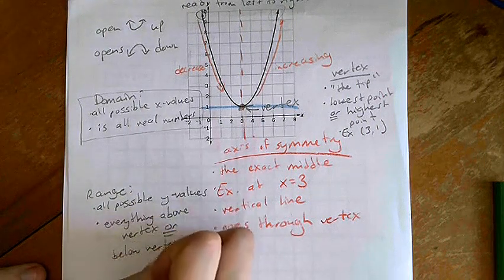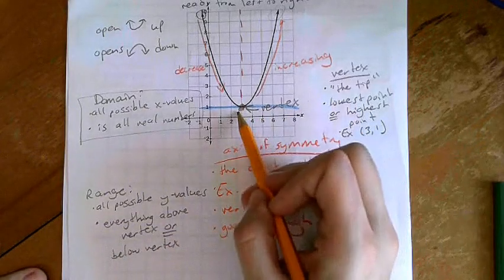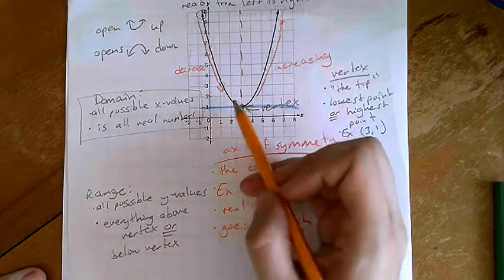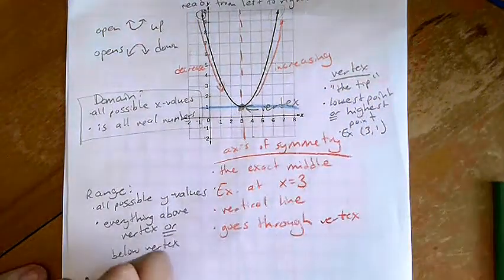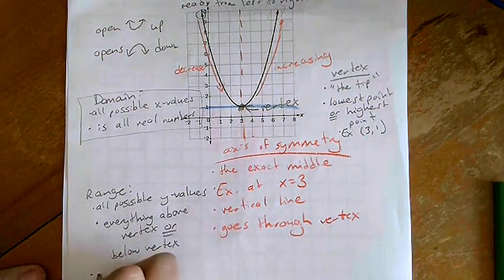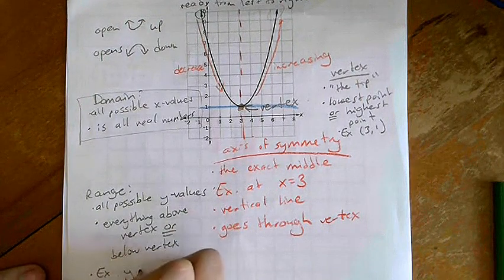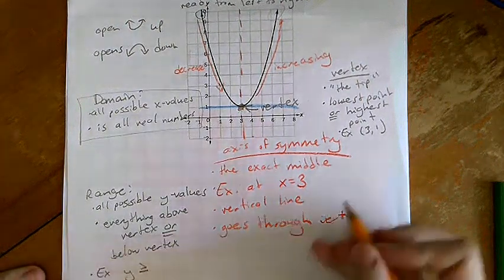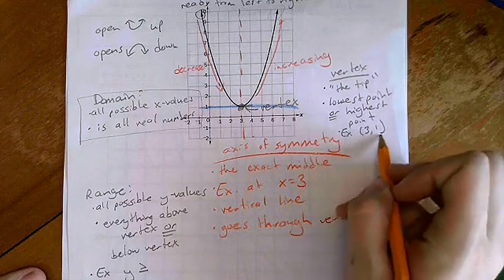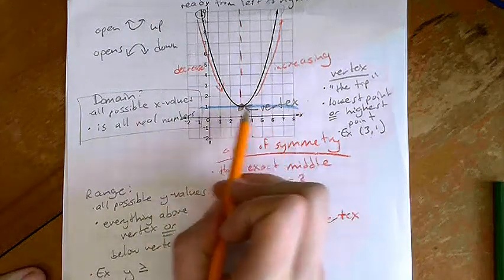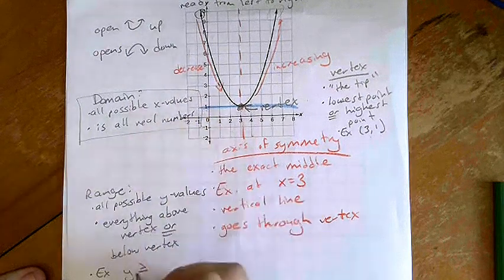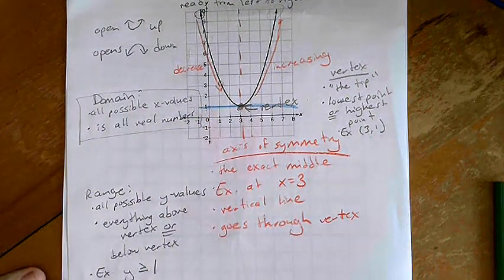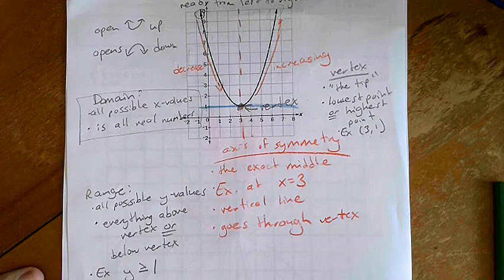So we have to determine if we have a lowest point or a highest point. In this case, because it opens upward, we have a lowest point, so we have a minimum. So for this one, our y is going to be everything greater than or equal to, well, what's our y value here? Where is our line that we do not go below? It's at 1. So y is going to be greater than or equal to 1. That is our range.